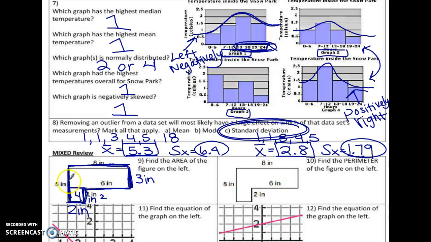And the piece going down is not 5. 5 keeps going. So it's the side with just 3. So it's 8 by 3. And that multiplied out is 24 inches squared. And if we want the total area, 24 and 4 makes 28 inches squared.